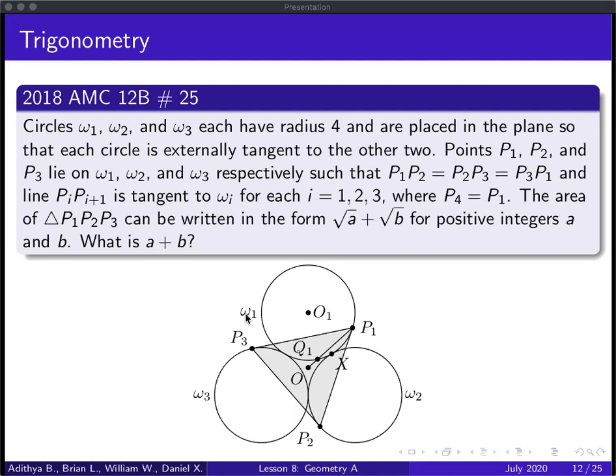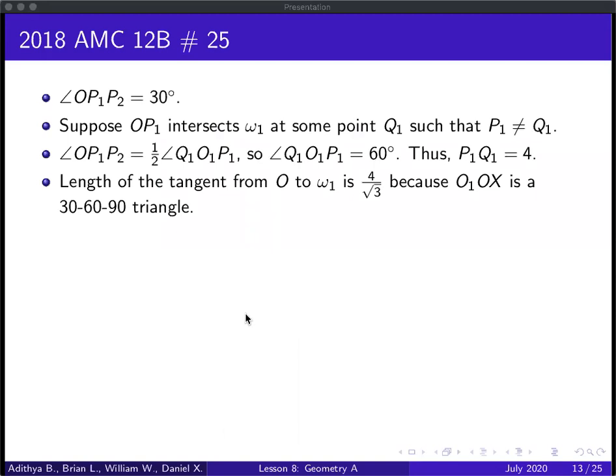Because this symmetry argument gives what O1OX is, and we also had the other argument that gave O1XO is 90 degrees, that just means that this is a 30-60-90 triangle.